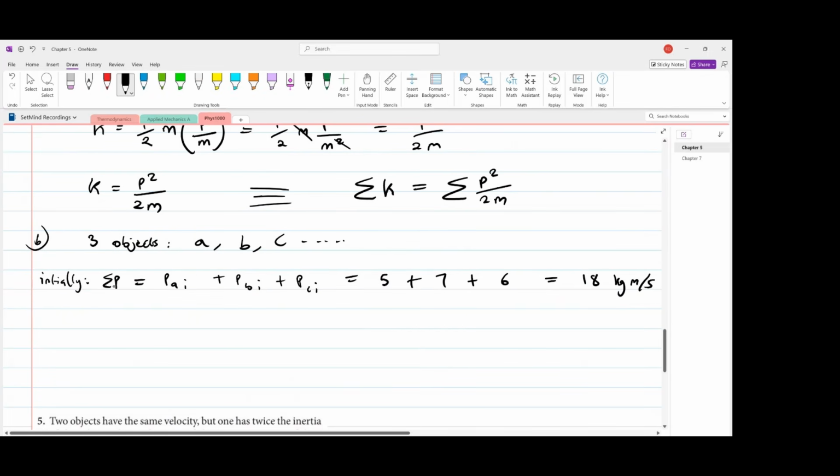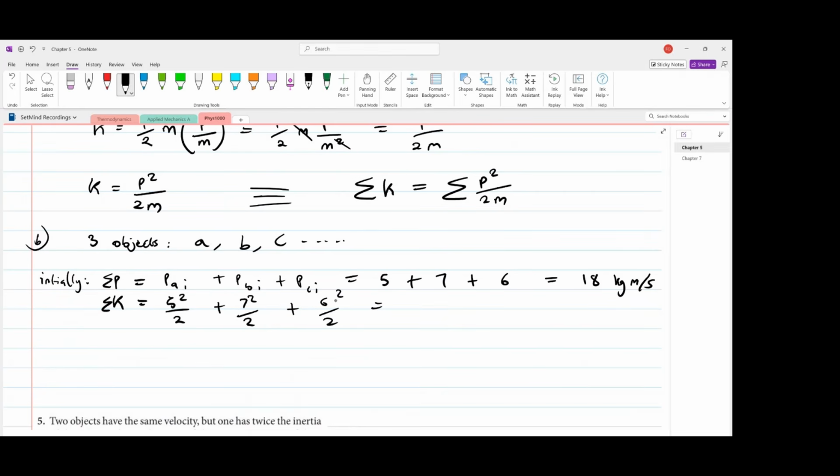Based on this, we can find our kinetic energy, because it's just the sum of all kinetic energies that we have. For simplicity, let us assume that m is equal to 1 for all of them. So our kinetic energy becomes 5 squared over 2 plus 7 squared over 2 plus 6 squared over 2.